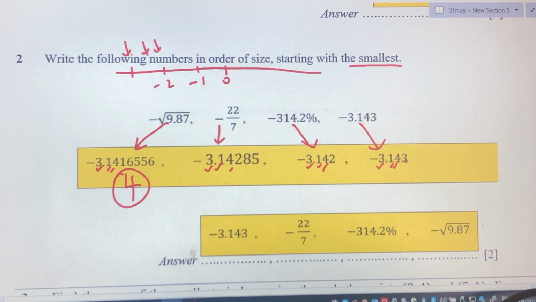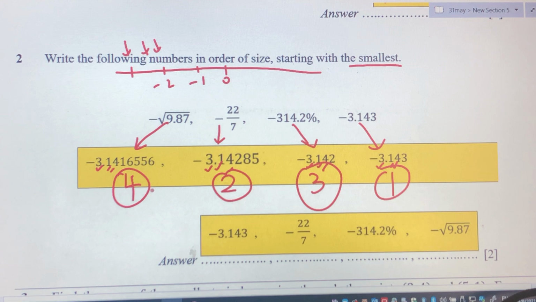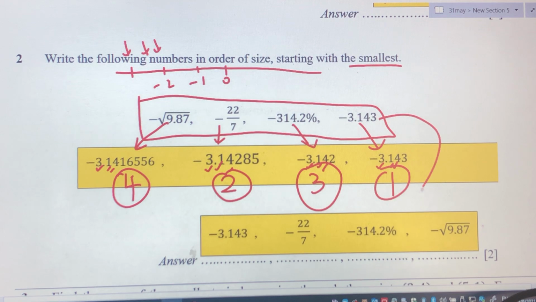I mean the smallest number has to be this number here, followed by between this and this, okay, this is smaller, so this will be the second number, and this will be the third number, and of course this is the last number. Okay, remember when you transfer your number, you do not write any one of these numbers. It must be the original number that you put inside this blank space here. Okay, so that's the answer.